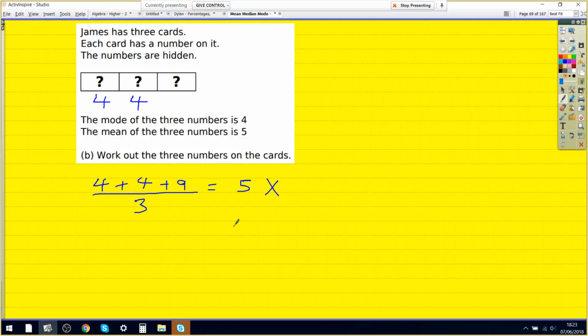No, 15. 18 divided by 3 gives you 6, so that's too big. So you need them to add up to 15. Okay, so that's 7. Correct. Divided by 3 gives you 5, and the last one is 7. Any questions there? Okay.